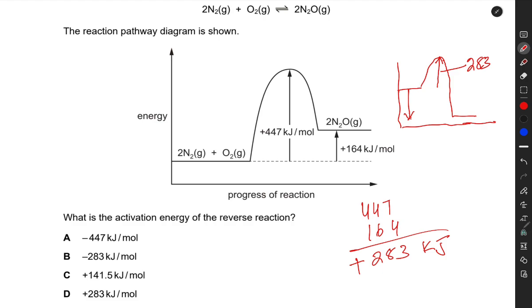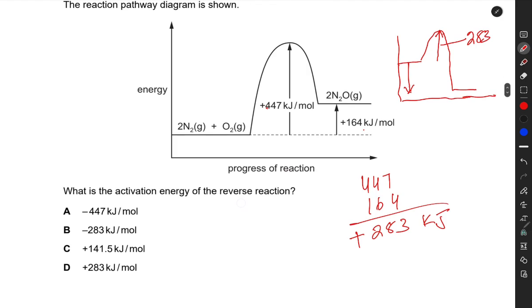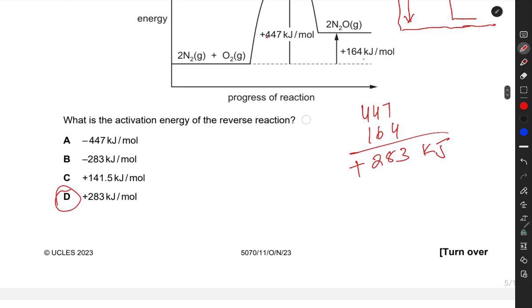So the activation energy will become less than the activation energy of the endothermic reaction. So that's why we subtract this energy from this energy to get the activation energy. So D option is the correct option.